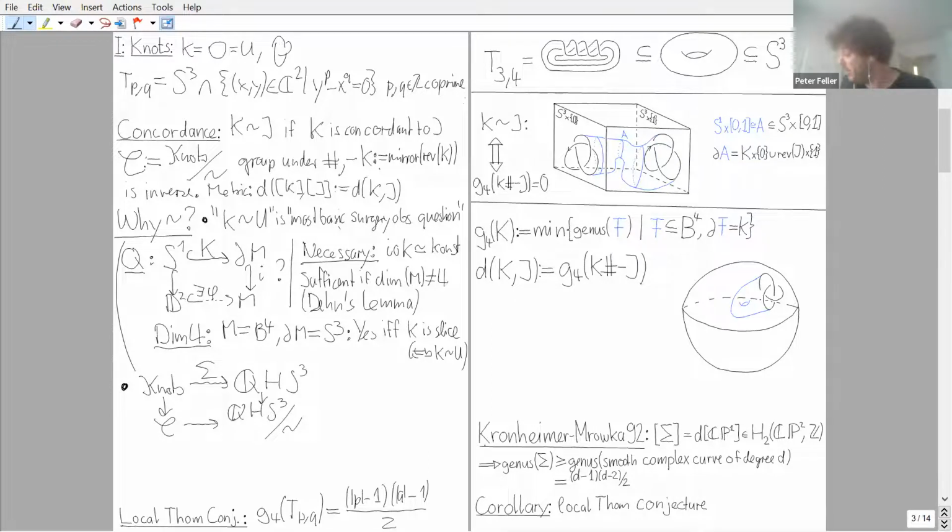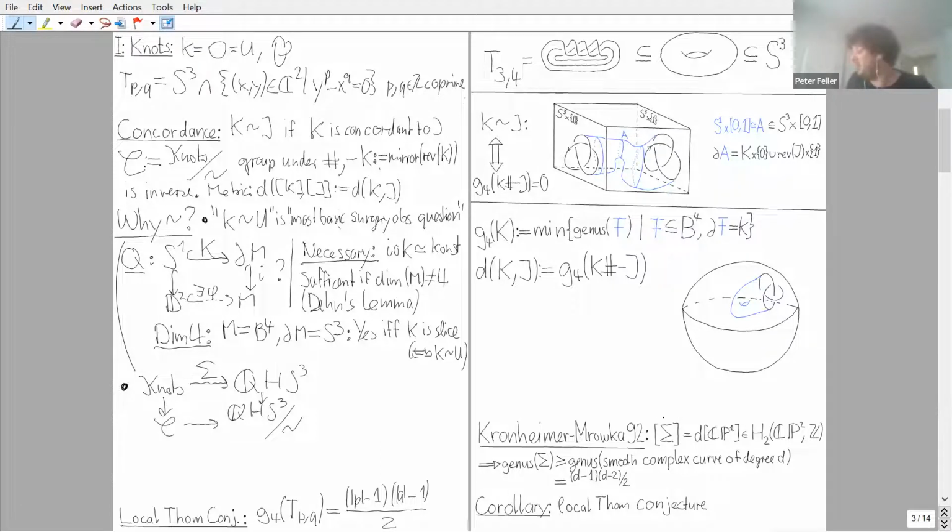So I'll just remind you what Kronheimer-Mrowka actually proved, and then the local Thom conjecture is a corollary. Although these days, in particular in your state, we also know the converse. If you have a homology class given by a smooth surface sigma, that as a homology class is d times the CP1 in CP2, second homology class with integer coefficients, it turns out that the genus of this smooth surface is always bigger or equal than the genus of a smooth complex curve of degree d.